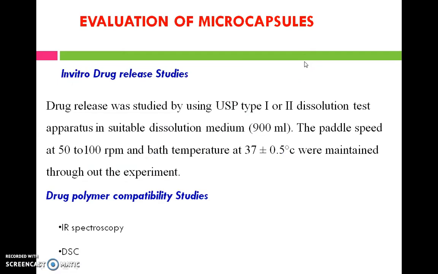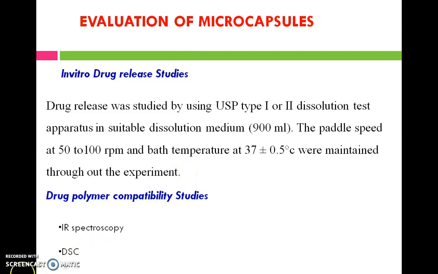Then in vitro drug release study is nothing but a dissolution study which is carried out in either USP type 1 or type 2 apparatus, and it may be carried out for 12 hours or maybe more than that.